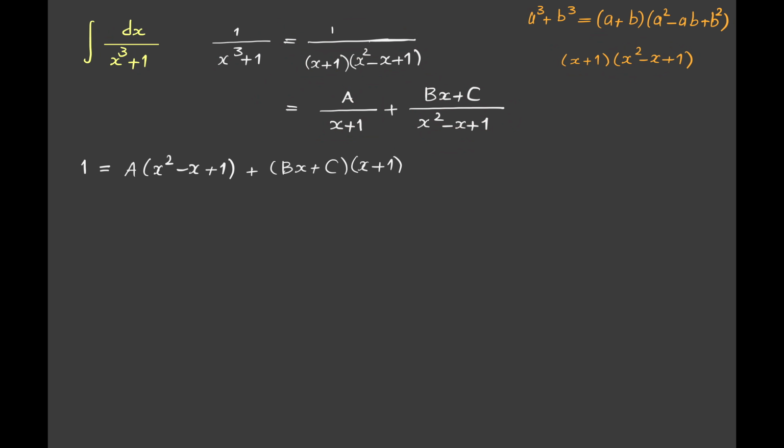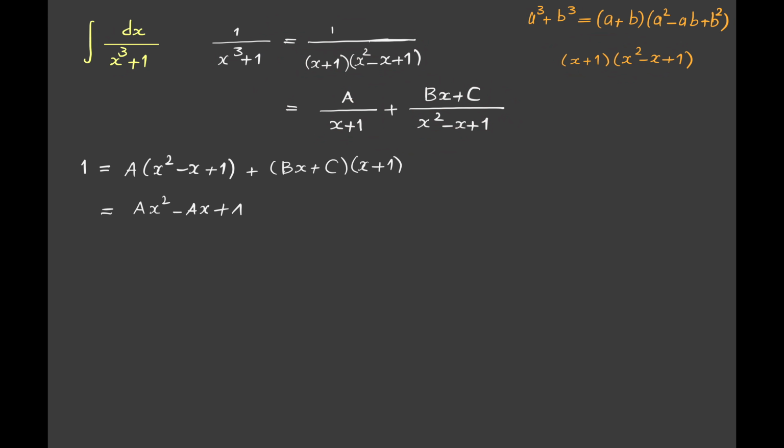And now what I do, I will actually expand the right hand side and write it in a standard form. I mean by writing the polynomial in descending orders of powers of x. Okay, so what I do, I multiply a in, so it becomes ax squared minus ax plus a.